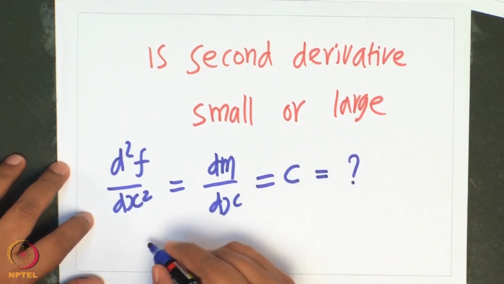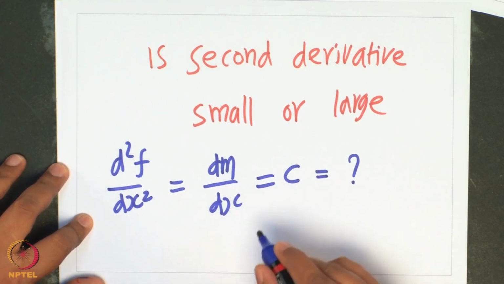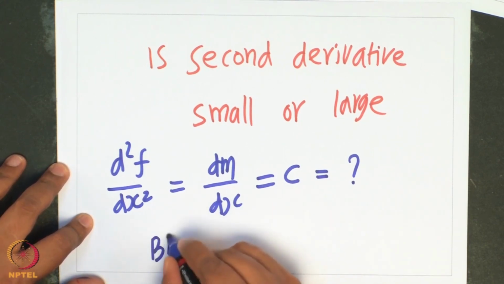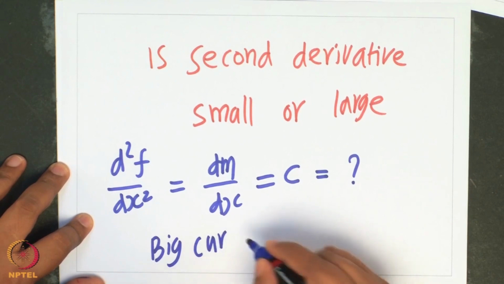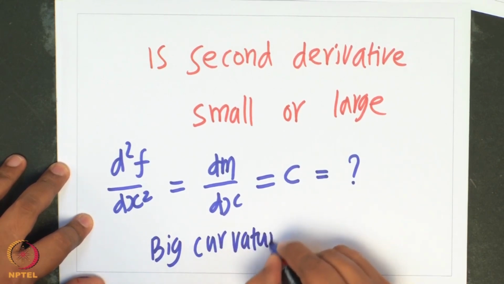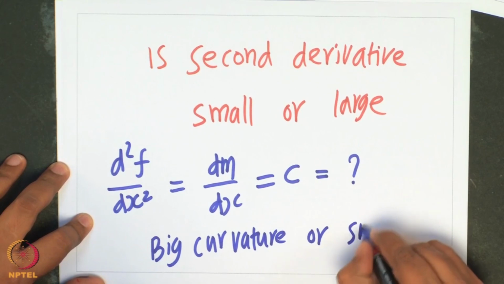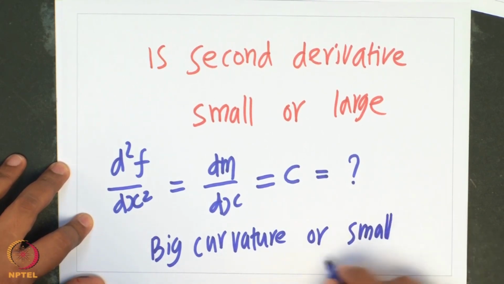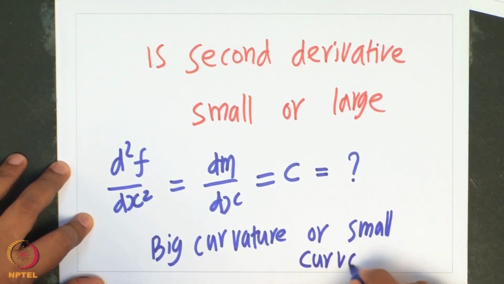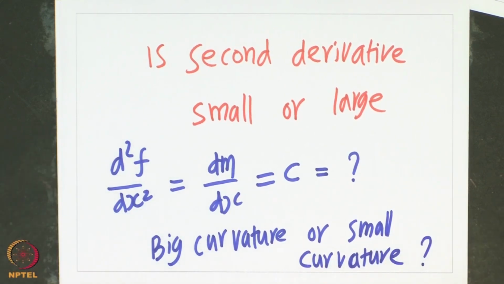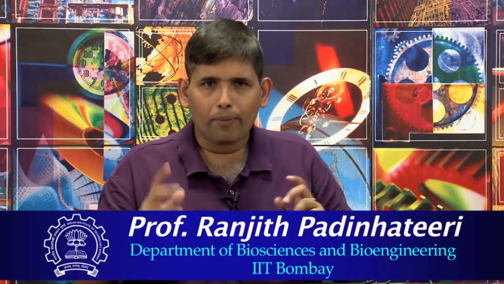This would tell you whether it is curved a little bit: big curvature or small curvature. So this is something which we want to know very often in biology, and using the language of mathematics, we would learn this curvature and how to compute it. So we would now go ahead and learn how to compute the curvature.